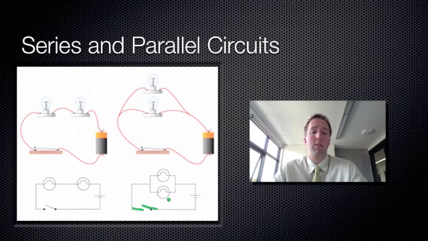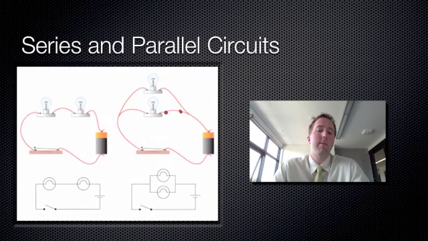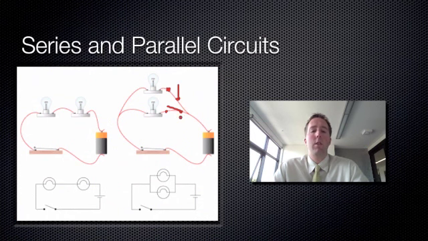But something that's really important here, if I instead put a different switch here, and I put a different switch here, sometimes I could close this switch and turn this light globe on.